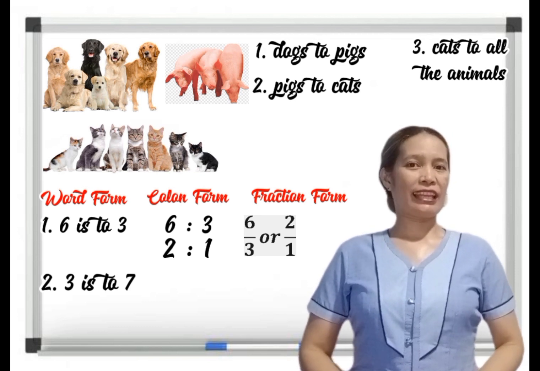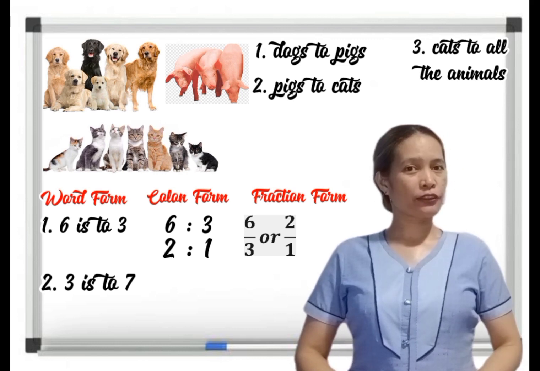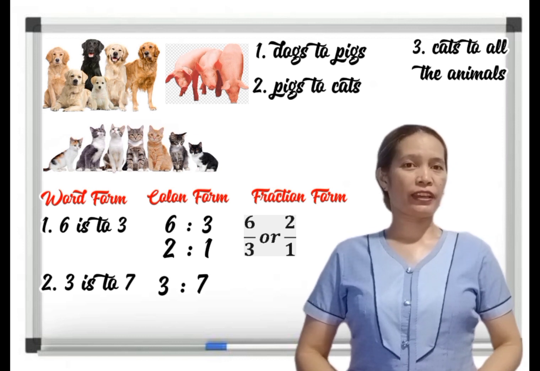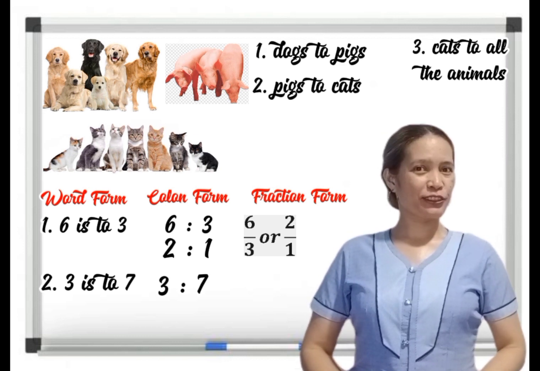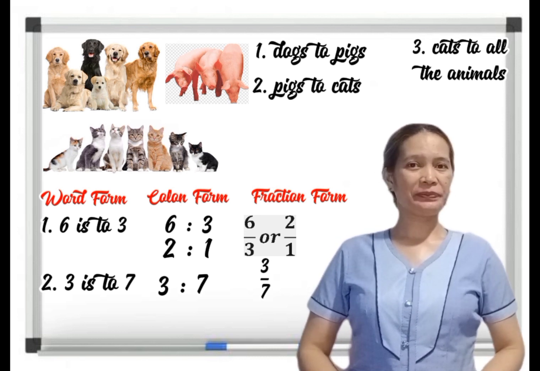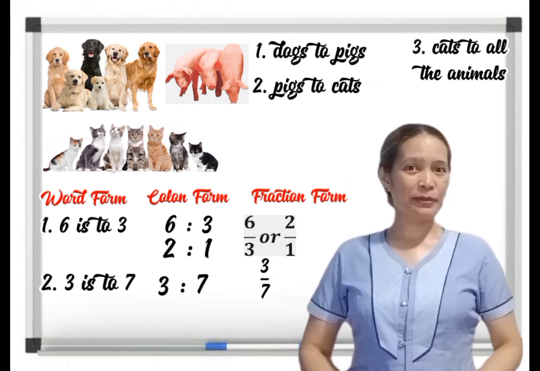So, that is 3:7. How about in column form? Yes, that is 3:7. While in fraction form, that is 3/7.